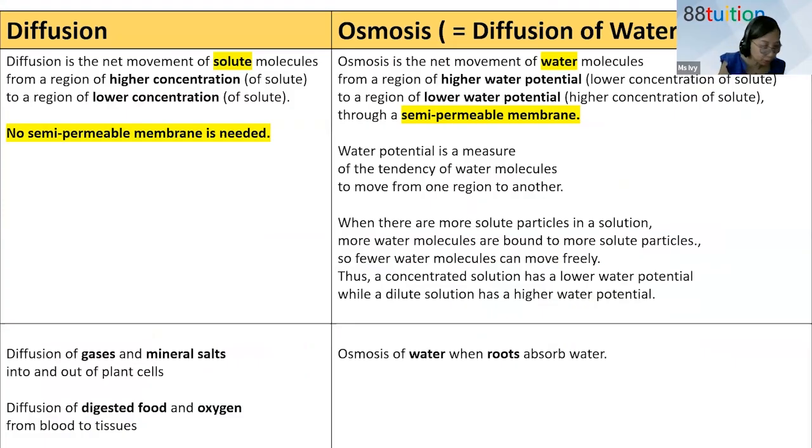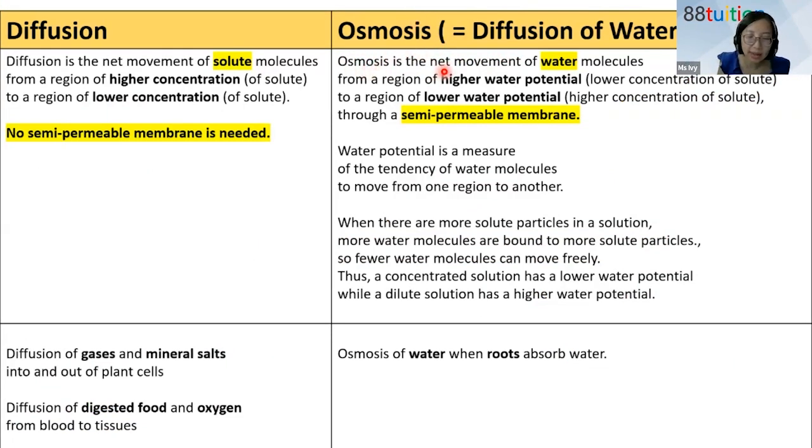All right, then the difference between diffusion and osmosis. I already told you osmosis is reserved for water. So osmosis is actually equal to diffusion of water. Diffusion can be of anything. If you are talking about diffusion of water, I give it a special name called osmosis.